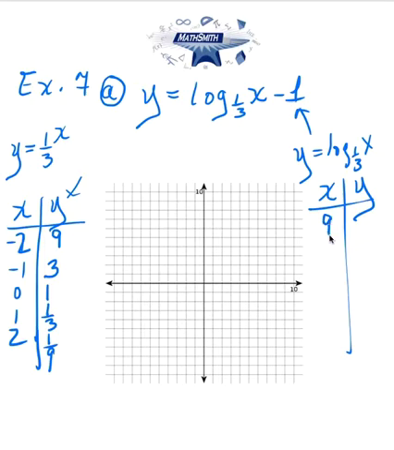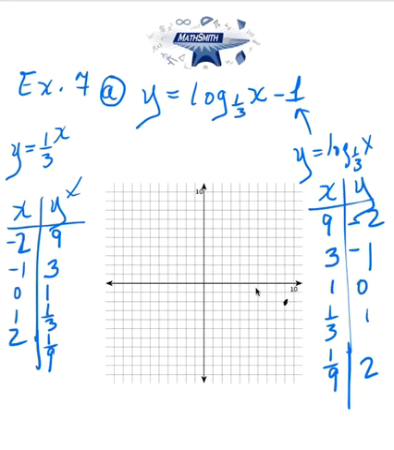So I've got 9, 3, 1, 1/3, 1/9 as inputs, and my outputs are going to be -2, -1, 0, 1, and 2. That's what I'm going to plot here. I'll plot these points, and then do the transformation of moving everything down 1.